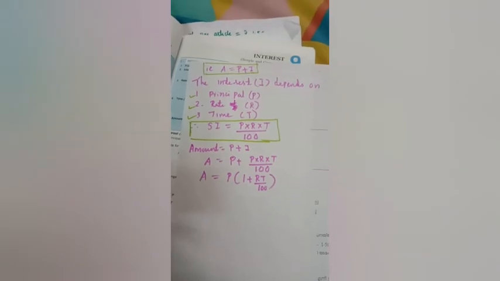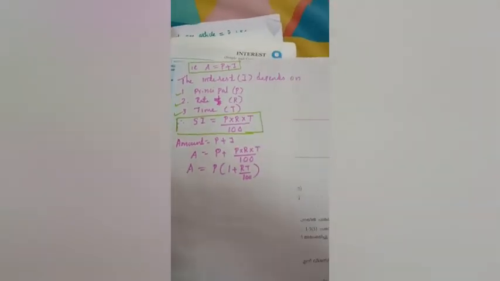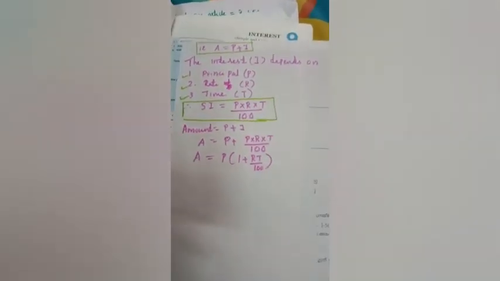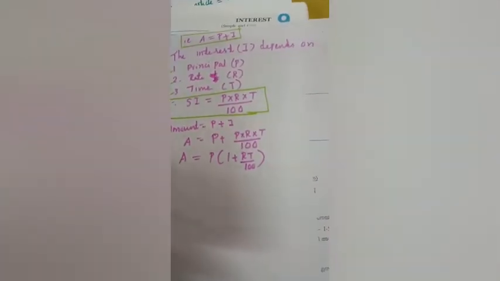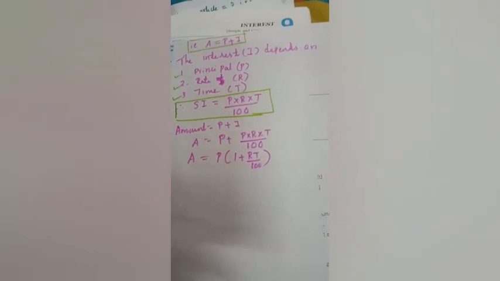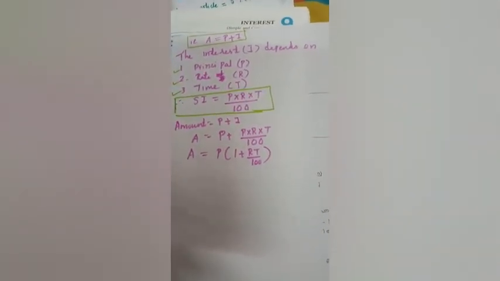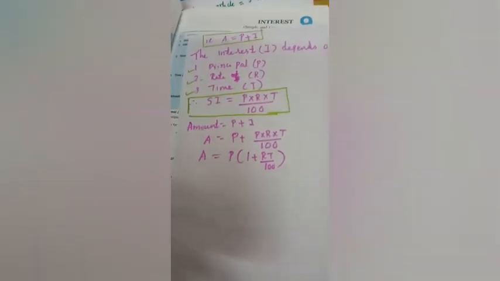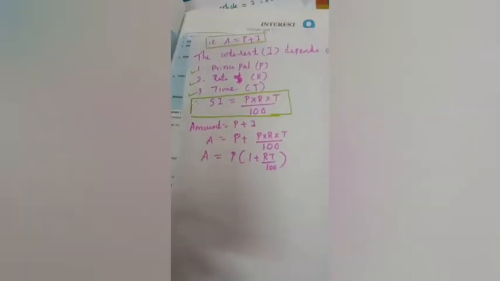Amount means we return the borrowed money together with the interest. Interest and principal together are called amount. So how to find amount? P plus I, that is P plus PRT by 100.